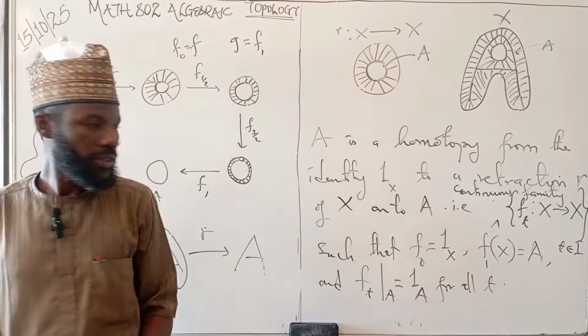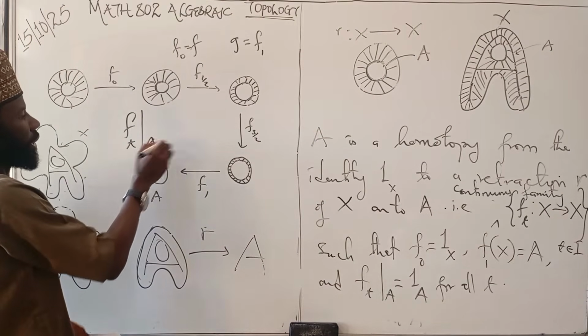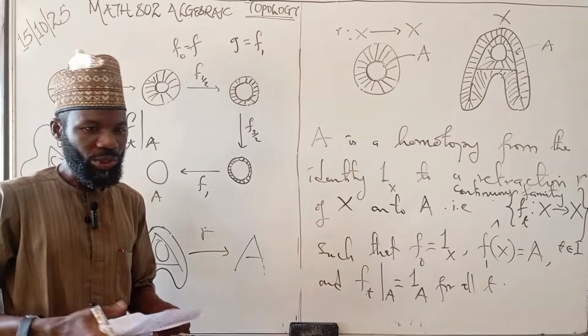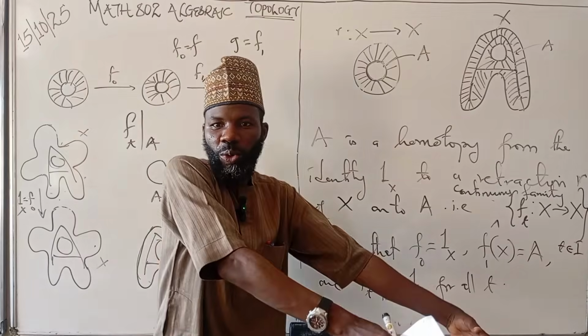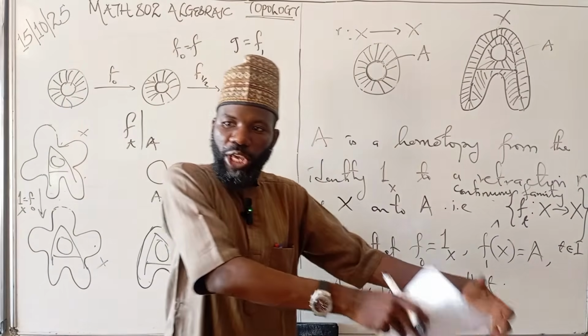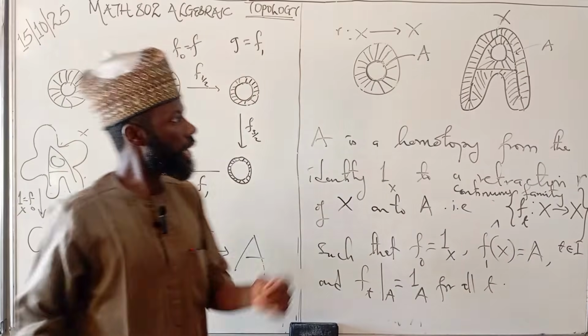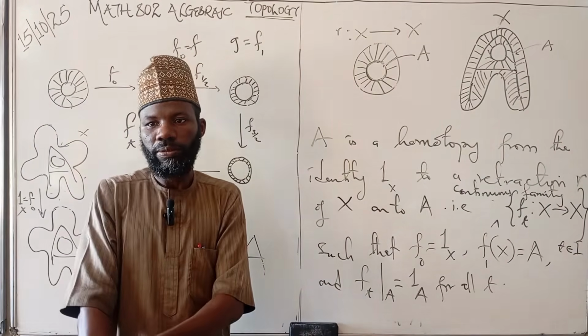It remains fixed. You remember how we wrote it? We say Ft restricted to A is independent of t. Which means if there is a set that once mapped by F0 remains the image of that set throughout the homotopy, then we say the mappings are homotopic relative to that subset.